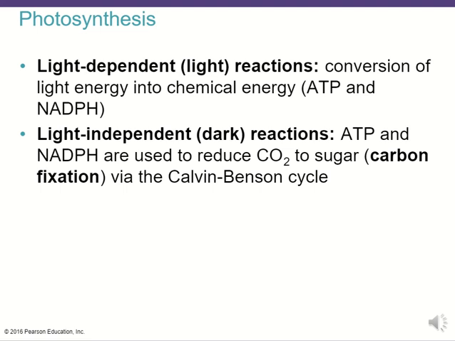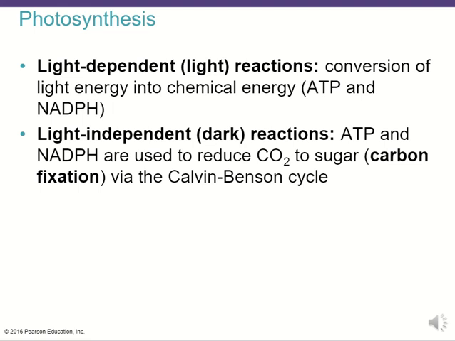Now, photosynthesis. There is the light-dependent reactions of photosynthesis that happen in the presence of light. This involves the utilization of light energy to form chemical energy, such as forming ATP and NADPH.